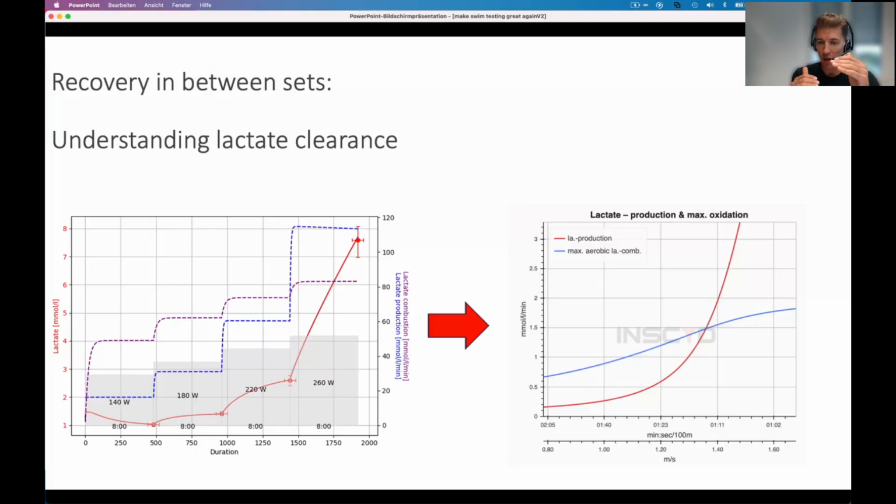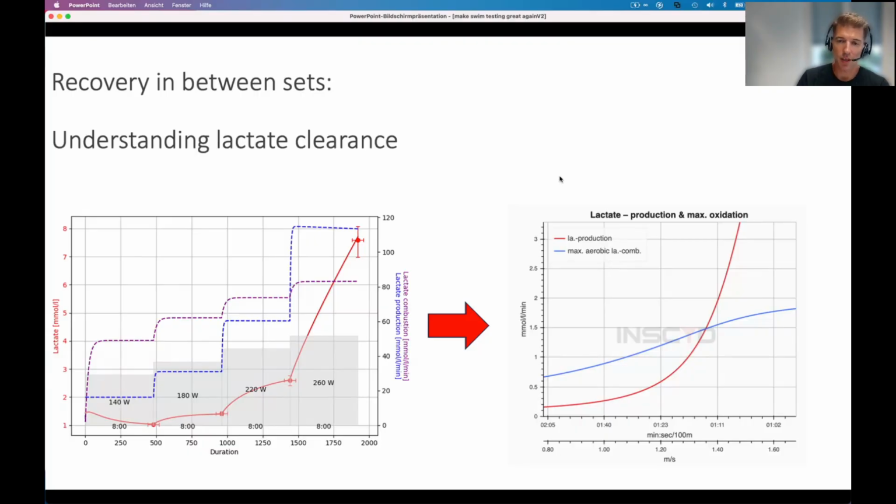So how much of that ability is already eaten up or occupied by the production that's happening anyway. That means the gap, the distance between the blue and the red one, is actually the ability of the athlete to combust additional lactate up to threshold values. Threshold is, by the way, where production and combustion meet per definition.